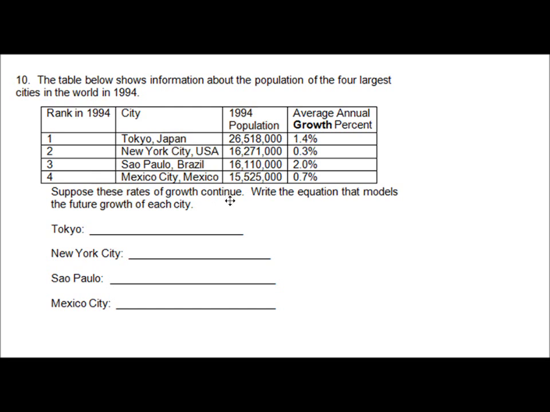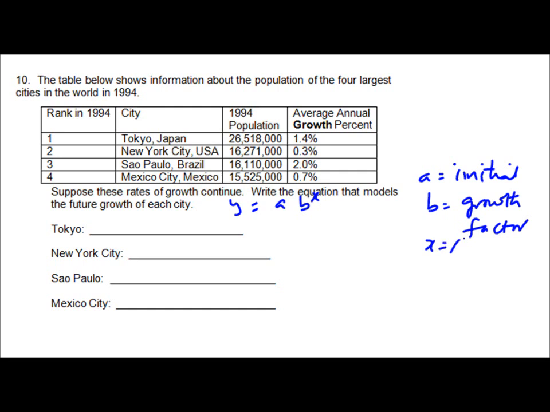Remember, y is equal to a b to the x. A is the initial amount. B is the growth factor. And x is the number of years here, because it says annual growth, so it's the number of years.